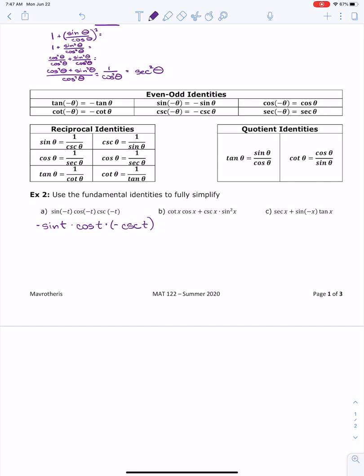This expression should be positive. So I've got sine of t times cosine of t. I'm going to rewrite cosecant now using that reciprocal identity, 1 over the sine of t. I can multiply in any order. My sine of t times 1 over sine t cancels out, and this simplifies simply to cosine t.